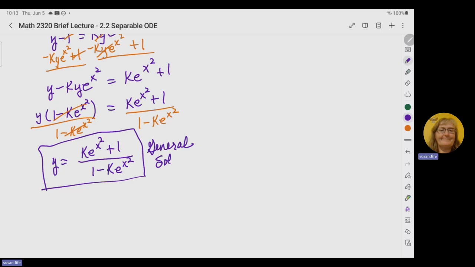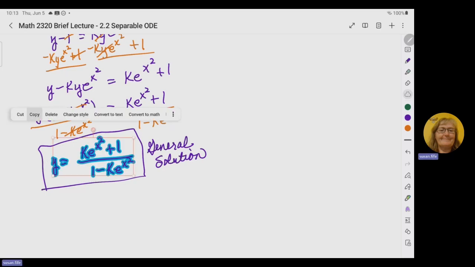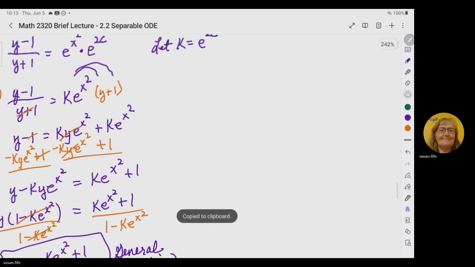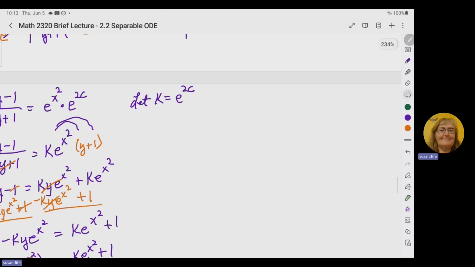The general solution is the solution that contains the constant of integration, or that unknown value of k. I'm going to copy my general solution and bring it up here to the top of the page.